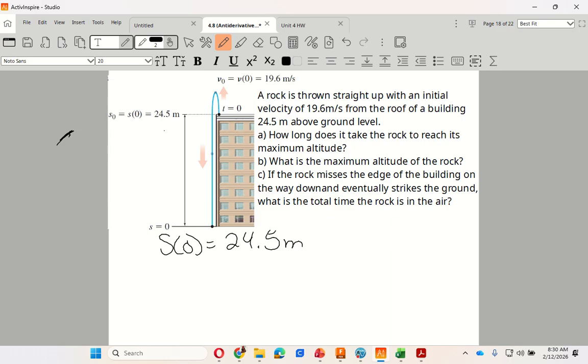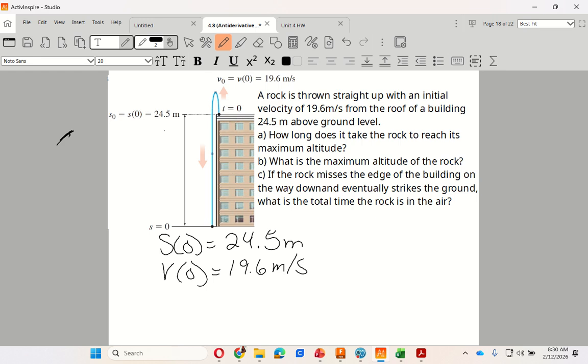Initial velocity. So that would be my V of 0. My initial velocity is going to be... and acceleration. What is acceleration? Very good, 9.8. But gravity goes which way? Down.